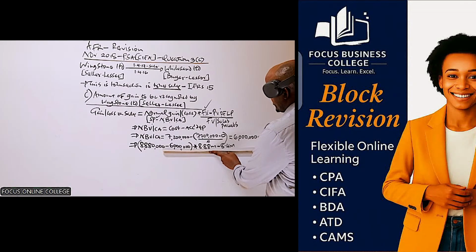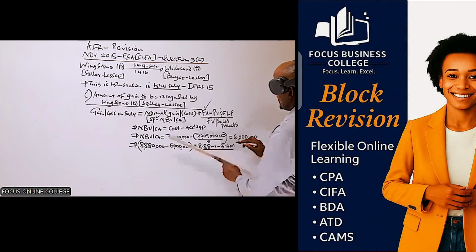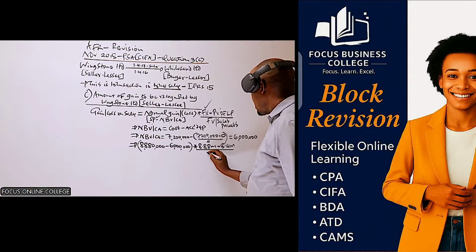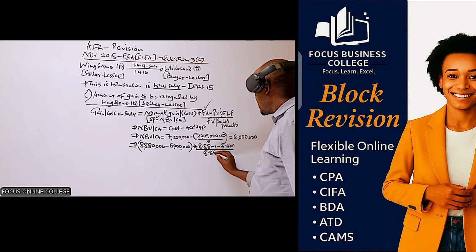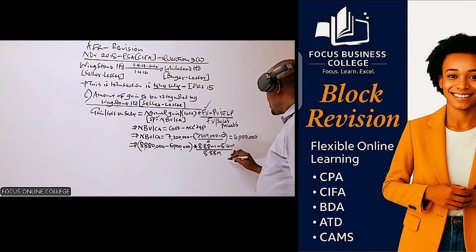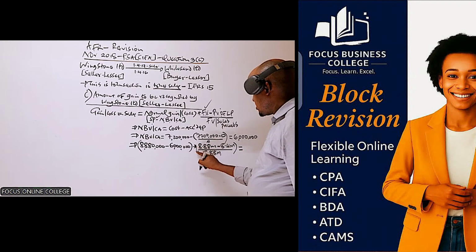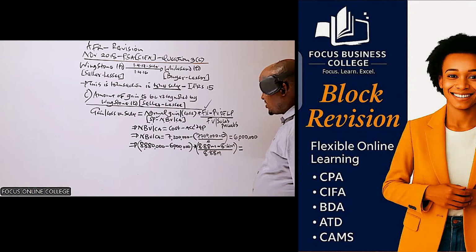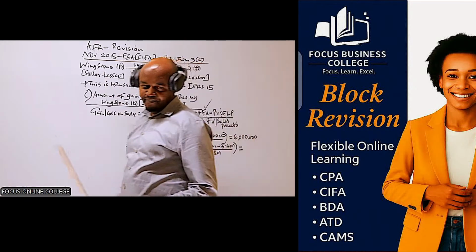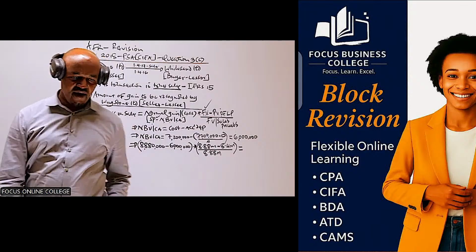And then we divide that by the fair value, which is 8.88 million. So this will give us the profit to be recognized by our company.